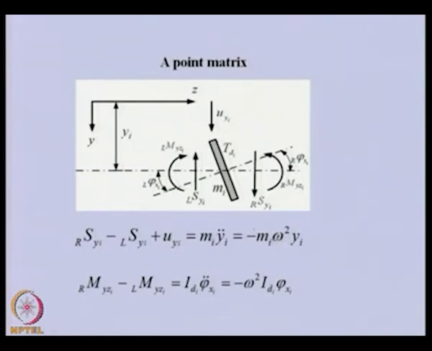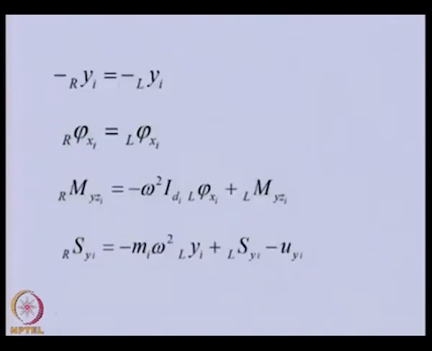Similarly, the moment equation: this moment is in the positive direction, this is in the negative direction opposite to the previous one, and is equal to the rotary inertia I_d, the diametral mass moment of inertia, into angular acceleration about the x axis. For simple harmonic motion, we can write this like this. So, these are the shear force and bending moment, the moment and force balance.